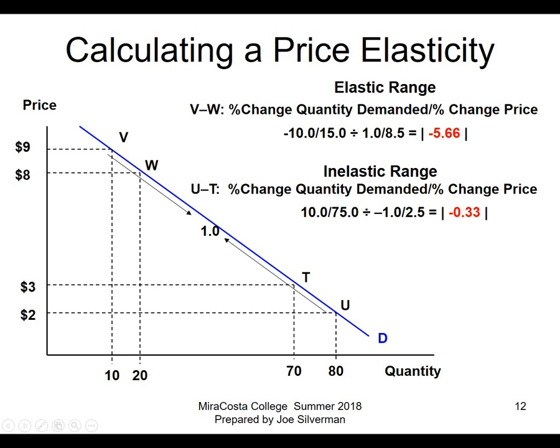That means a 1% decrease in the price leads to 1% increase in the quantity demanded, which means no change in total revenue. Again, oftentimes it could be the sweet spot in terms of pricing your product.